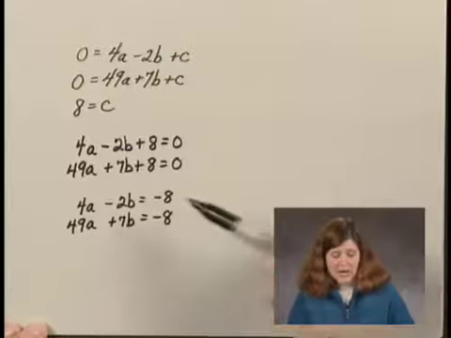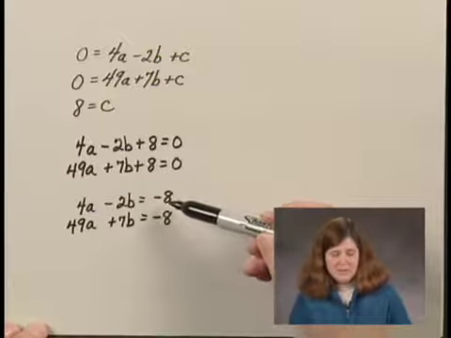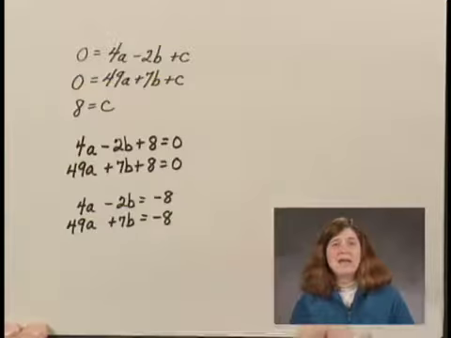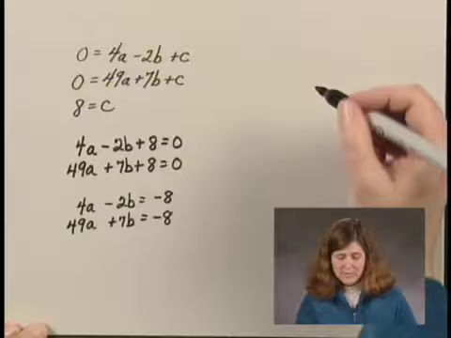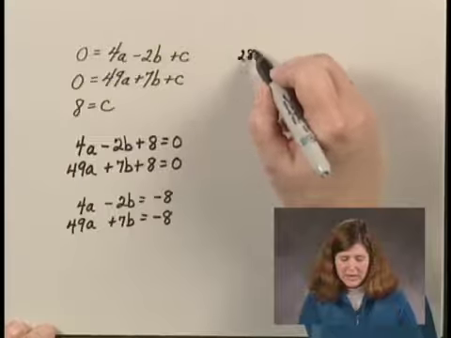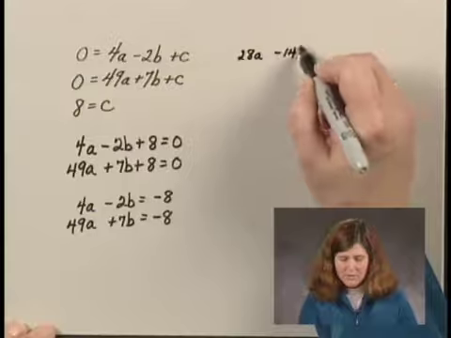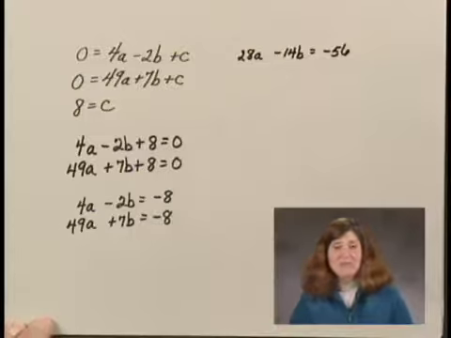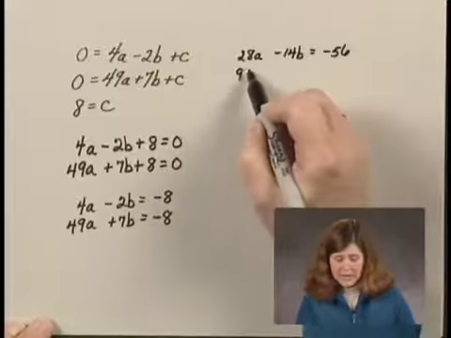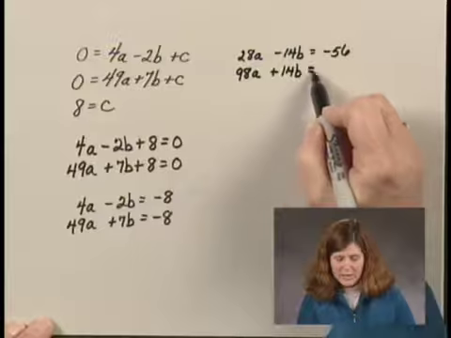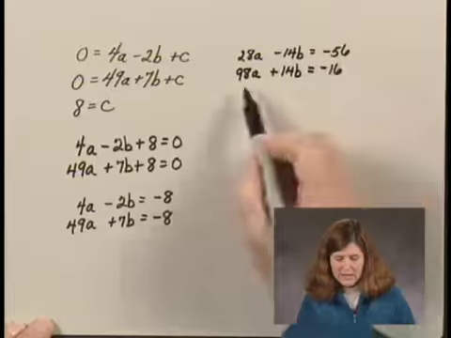I need to multiply the first equation by 7, the second equation by 2, and then I'll be able to add, and the b terms will cancel. Multiplying the first equation by 7, I get 28a - 14b = -56. Multiplying the second equation by 2, I get 98a + 14b = -16.